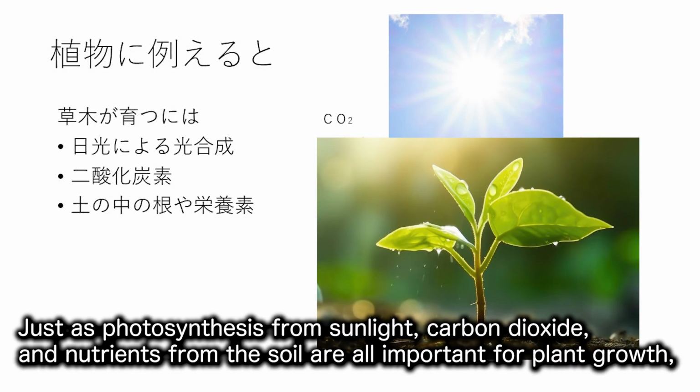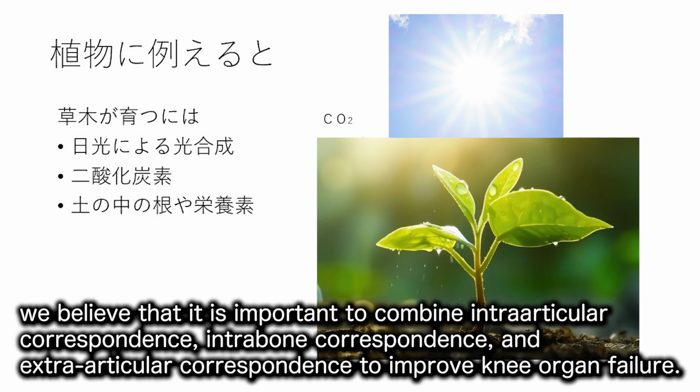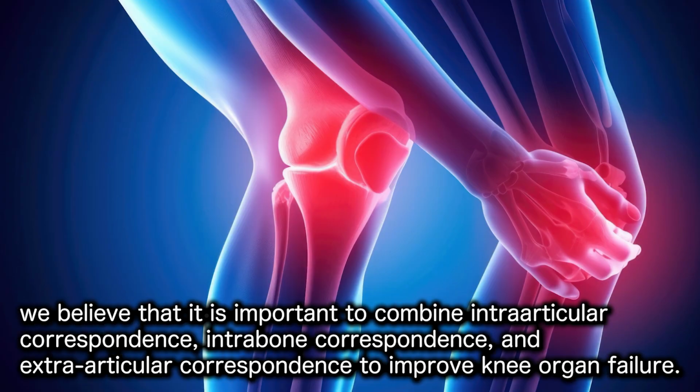Just as photosynthesis from sunlight, carbon dioxide, and nutrients from the soil are all important for plant growth, we believe that it is important to combine treatments to take care of the joint cavity, bones, and areas outside the joint in order to promote healing and prevent failure of the joint.